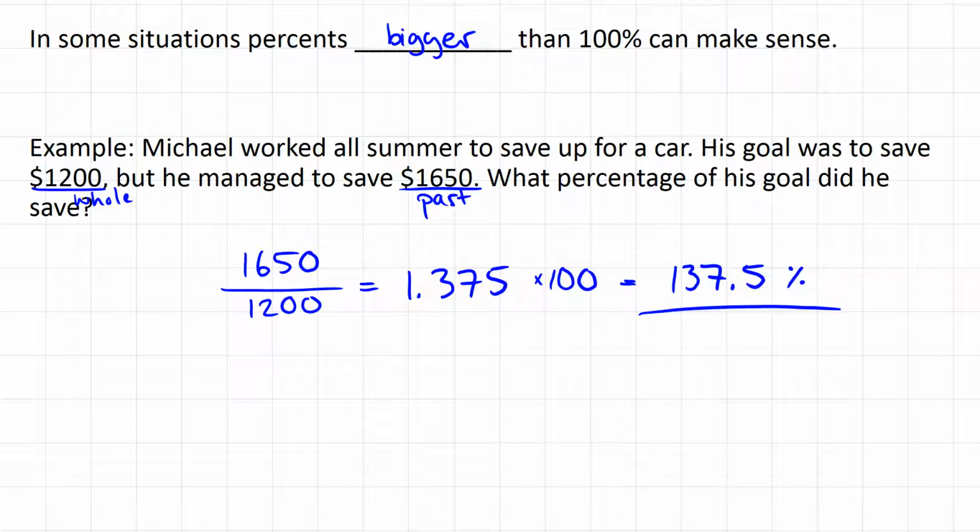So in here the percent being bigger than 100 is telling us that Michael saved more than he needed. You'll also see this sometimes when you're comparing new values to old values. If something grows, you might see that percent rise over 100%.